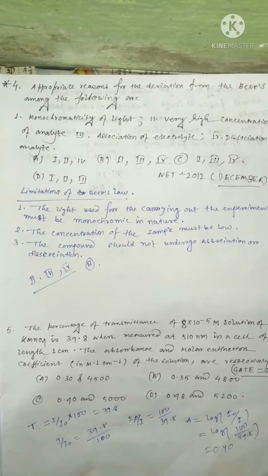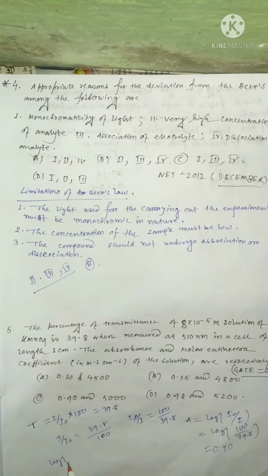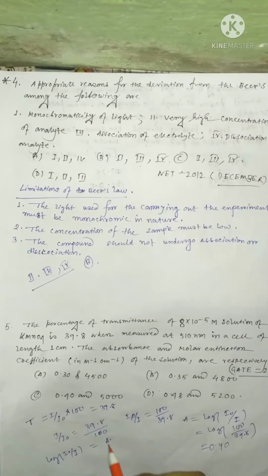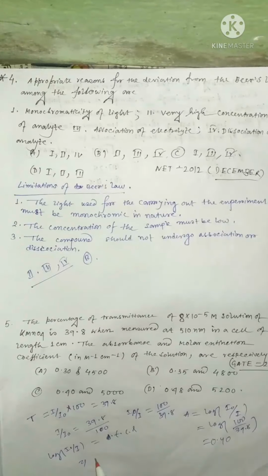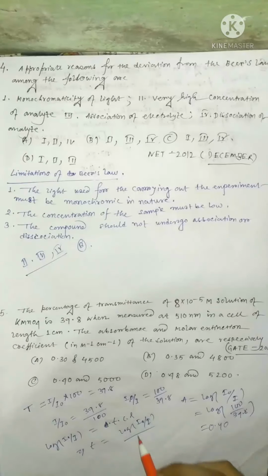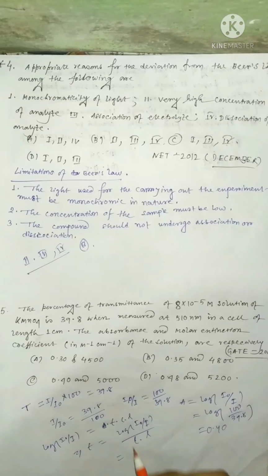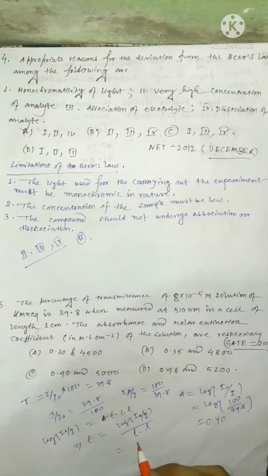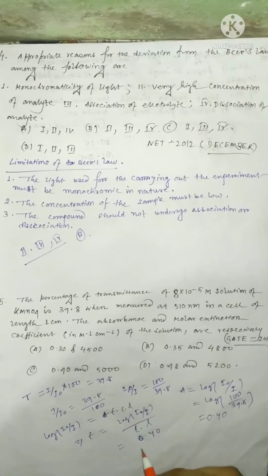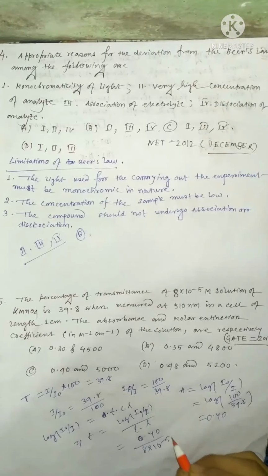And the molar extinction coefficient value by the Lambert-Beer law: log I0 by I equals epsilon CL. So epsilon equals log I0 by I divided by CL. Here the value is 0.40. Concentration is 8 into 10 power minus 5.